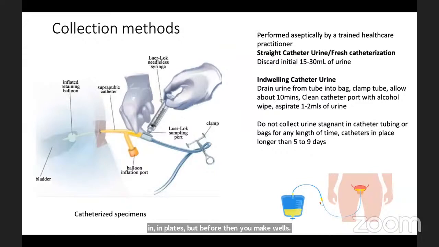You aseptically make wells on the plates after seeding, and then you put a small volume of the herbal medicine into the wells and incubate. So like I was saying, you don't know what 1 ml will contain. Like when you take your antibiotics, maybe vancomycin, we have 30 micrograms of active ingredient in there.